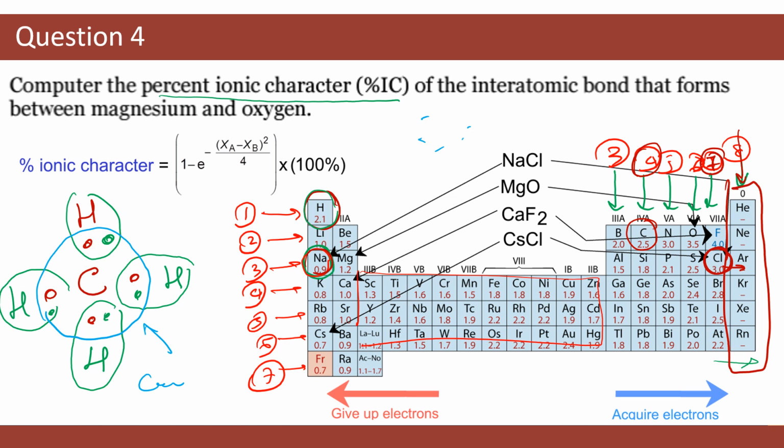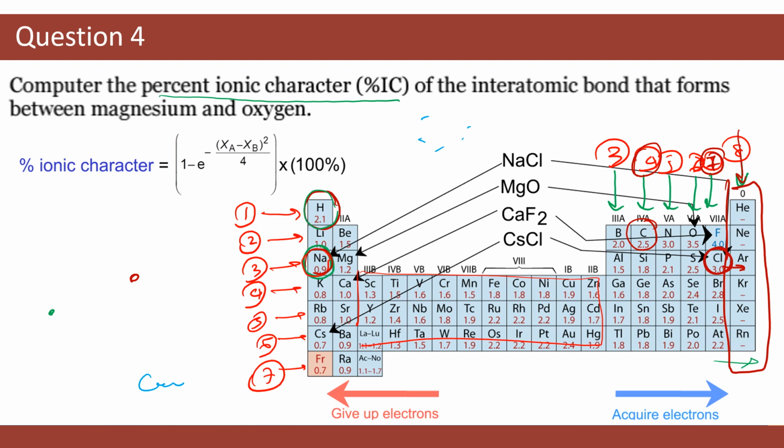Are we good? So percentage ionic character means how much percentage is ionic. So maybe 70%, 80%. We can find how much is ionic. I told you there can be mixed bonds, covalent and ionic. So to find out what the percentage ionic character is, we are using this equation here.